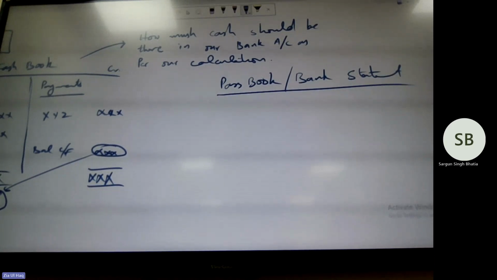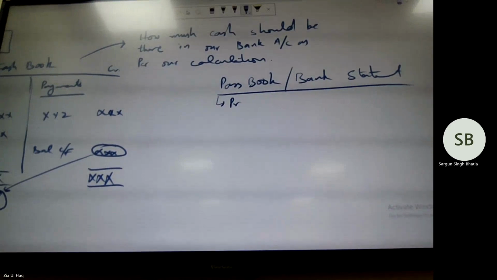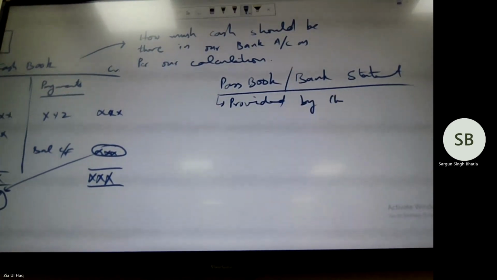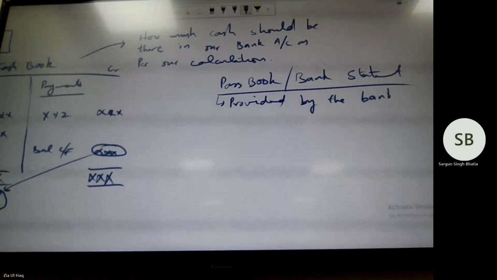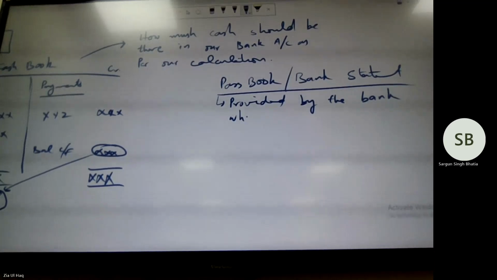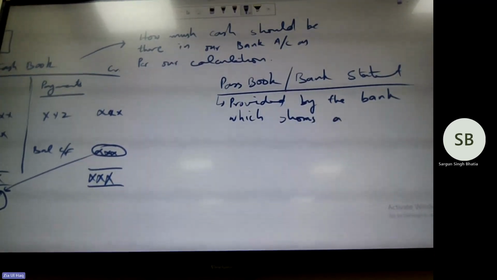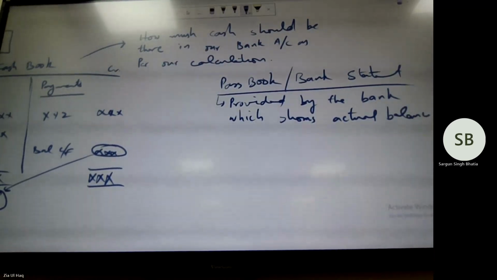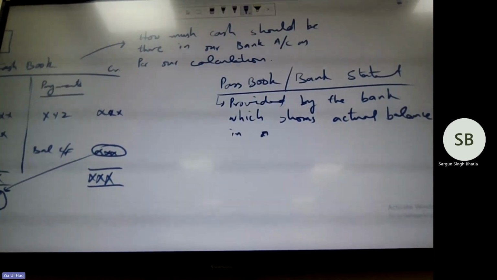This passbook or bank statement is provided by the bank, which shows the actual balance in our bank account.